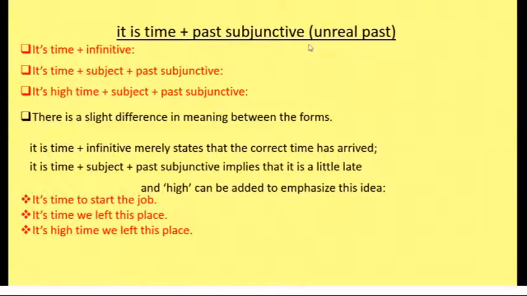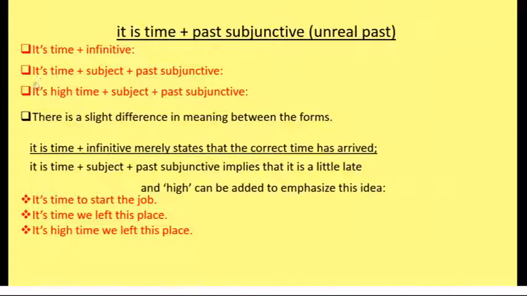This slide is again about past subjunctive. Here we find 3 structures. Past subjunctive will be used in 2 structures and infinitive will be used in 1 structure. Our first structure is, it's time plus infinitive. When we use this structure, we mean that the correct time has arrived.